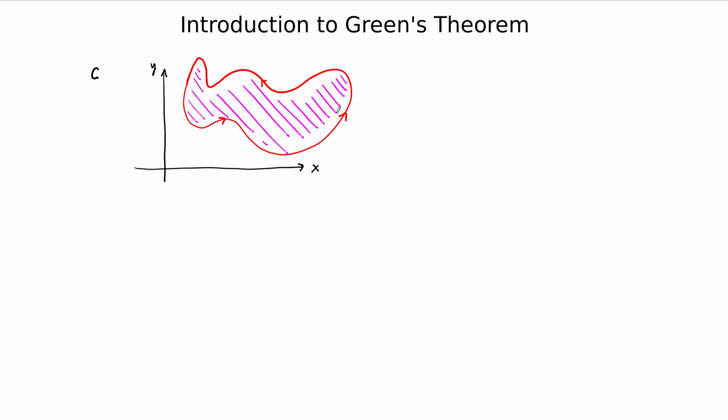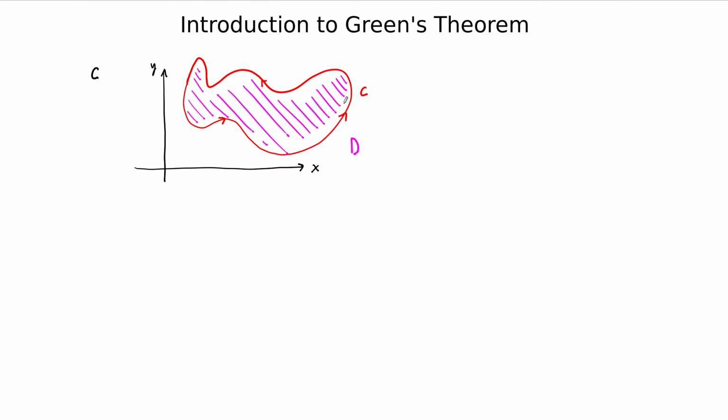Okay, in this setup we're going to need this bounded region. It's going to be part of our theorem, and so that bounded region is going to be called D. So that's our domain D. And frequently what we want to do is write down a relationship between this path C and the region D that it bounds.